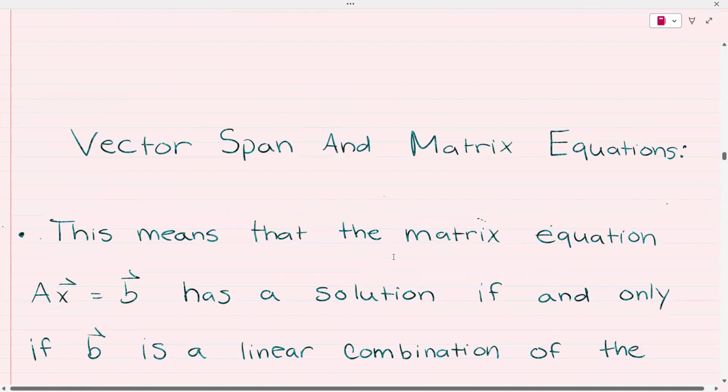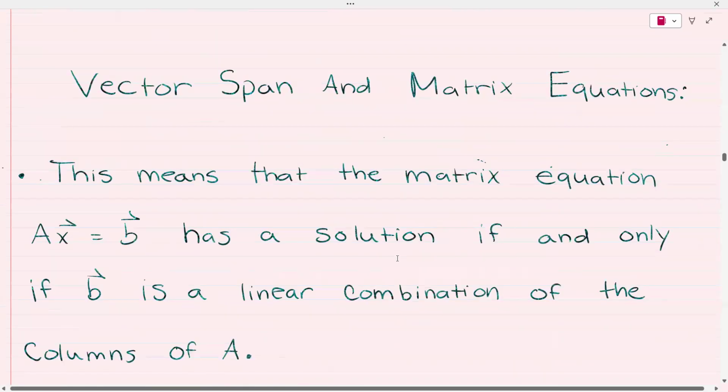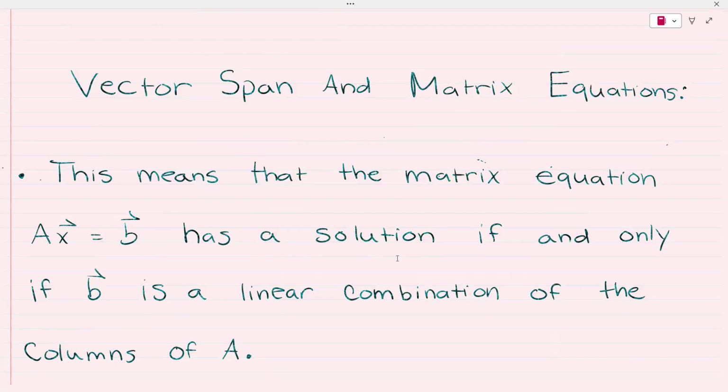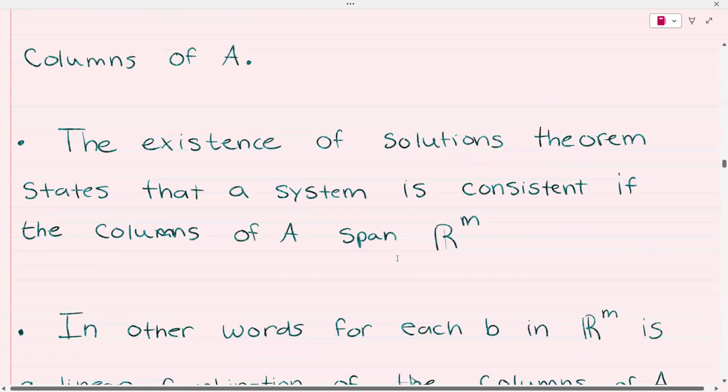Okay, vector span and matrix equation. This means that the matrix equation A times vector X equals vector B has a solution if and only if vector B is a linear combination of the columns of A. The existence of a solution theorem states that a system is consistent if the columns of A span R^m.